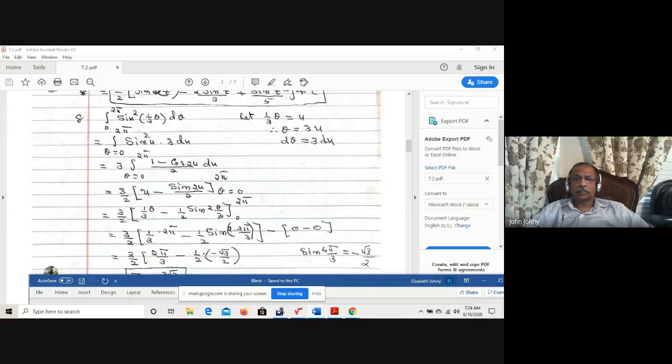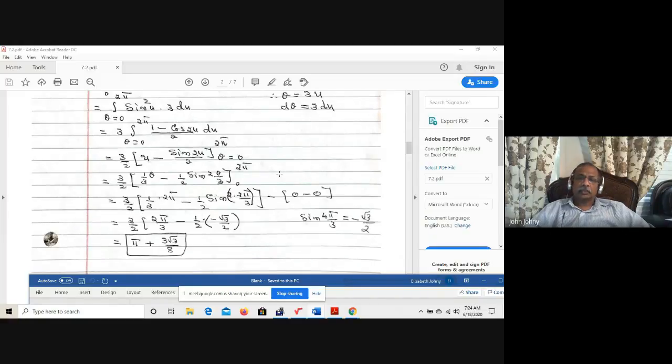Sine 4 pi over 3 is negative square root of 3 over 2. You may use the unit circle. So the final answer is, you distribute this, you get 2 pi, 2 over 3 cancels here, and then plus, 2 negatives makes a positive, 3 square root of 3 over 2 times 2 times 2, 8. So final answer is pi plus 3 square root of 3 over 8.